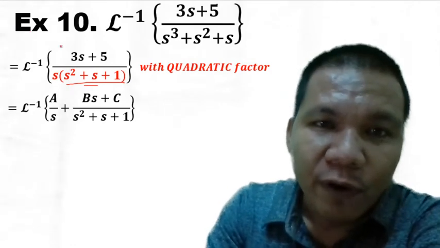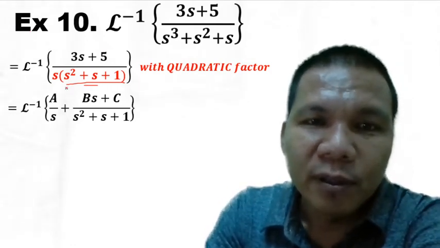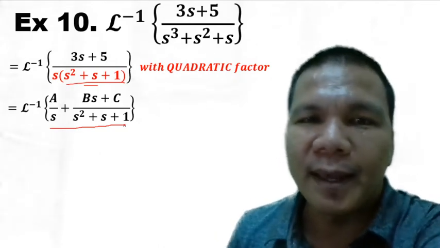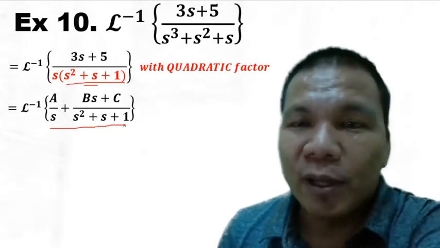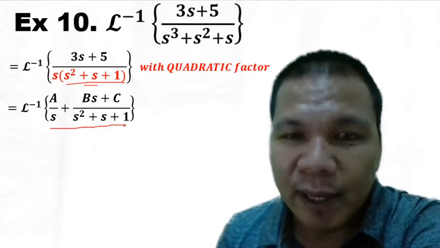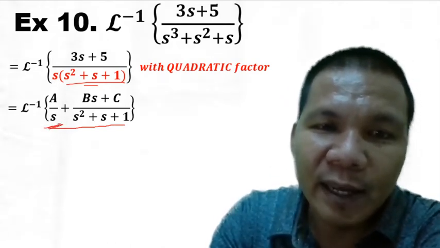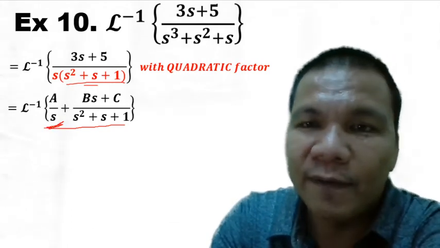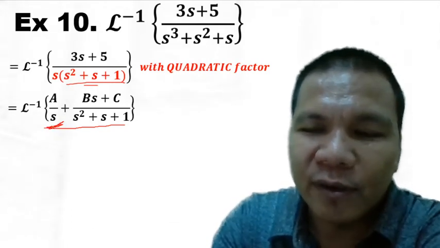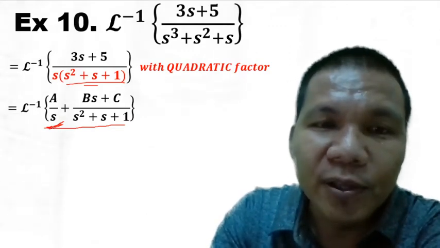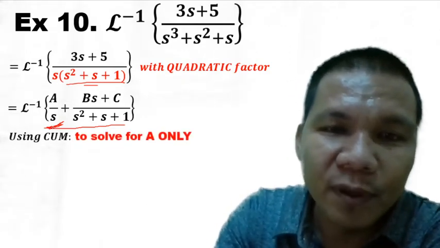We will transform this fraction into its equivalent partial fraction expansion. After that, we are going to solve for the values of a, b, and c. But we can easily solve a since a has a linear factor, s. So in the case of a, we can use the cover-up method to solve for A only.